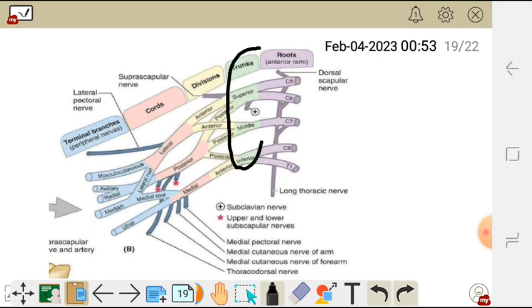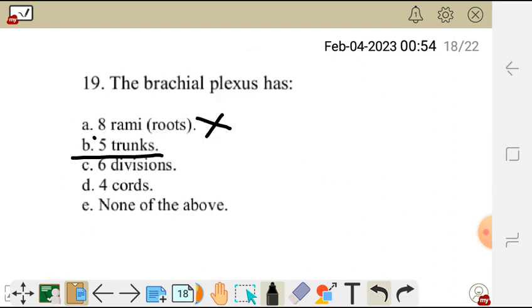The fifth and sixth roots form the first trunk, the seventh root forms the second trunk, and the eighth and T1 form the other trunk. So we only have 3 trunks, not 5, and B is incorrect.